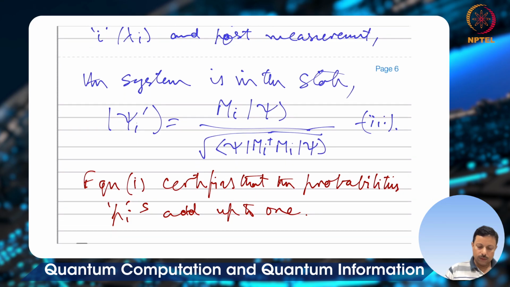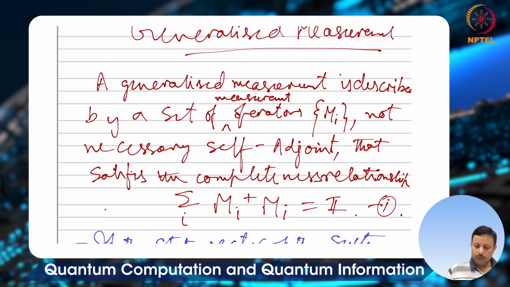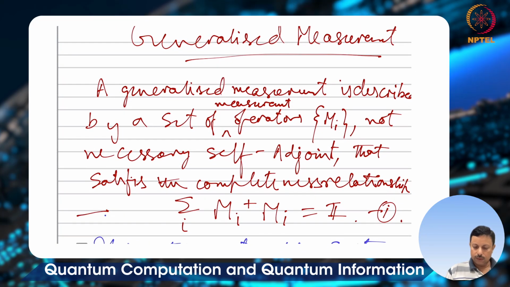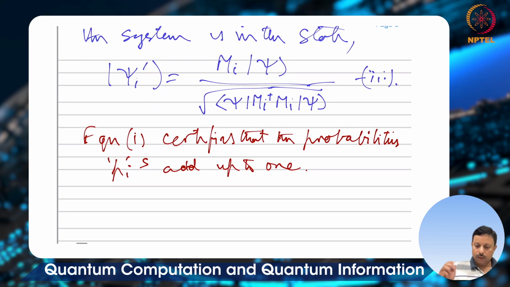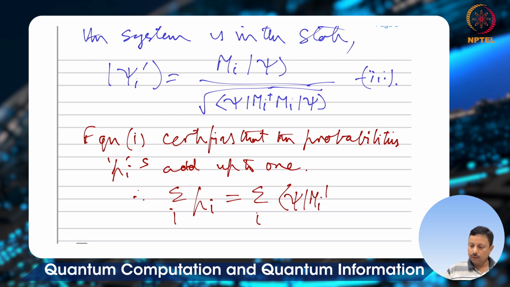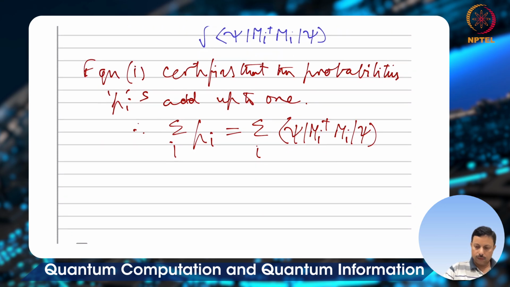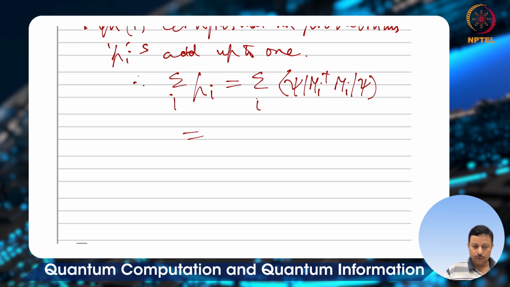Let's just quickly examine equation 1. This condition basically says that my probabilities add up to 1. So the sum over i of p_i is equal to the sum over i of psi M_i dagger M_i psi.